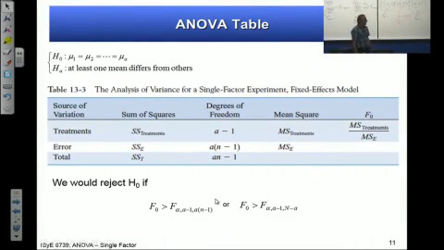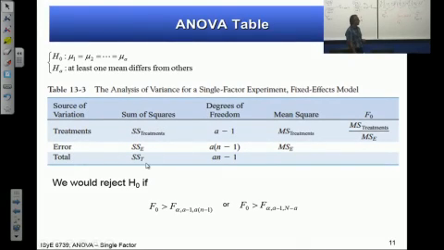Usually we have a table, we call it the analysis of variance table, and this is the table that you see. I think in the exam it would be something like that. I give you data and this table, and some of the elements of this table are missing. You need to fill them out. Basically there are three sources of variation: the variation because of treatment, because of error, and total.